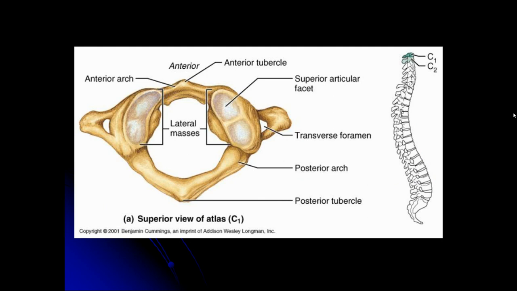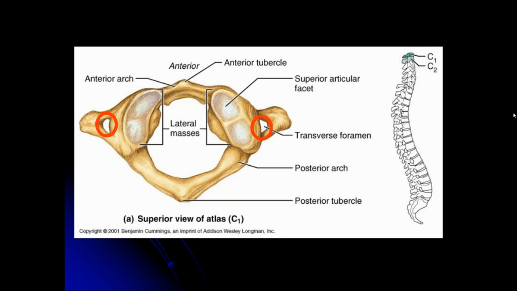Let's look at the atlas. When we look at the atlas, there's something missing here. There's something that is found on every other vertebra, and that is the body. There's no body on the atlas. During embryological and fetal development, the body separates from the atlas, so it's no longer there.